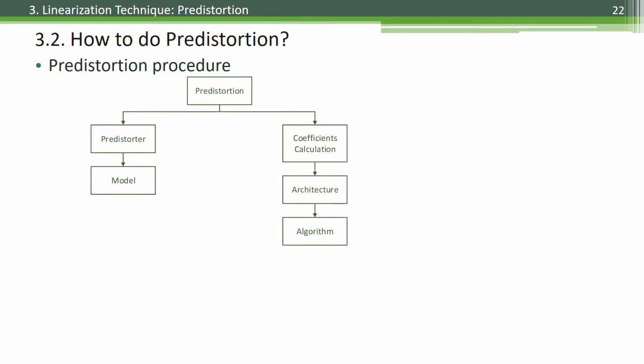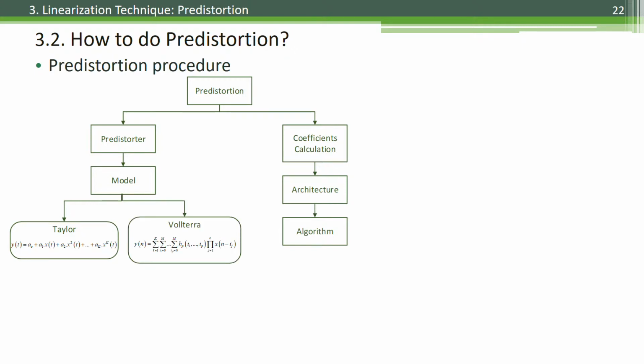If a power amplifier ignores memory effect, it can be modeled by using a Taylor series. But when the signal is RF and the bandwidth increases, memory effect should be taken into account. So the Volterra series can be used to model the nonlinear system. The kth order kernel includes all possible combinations of products of k time shifts of the input signal.